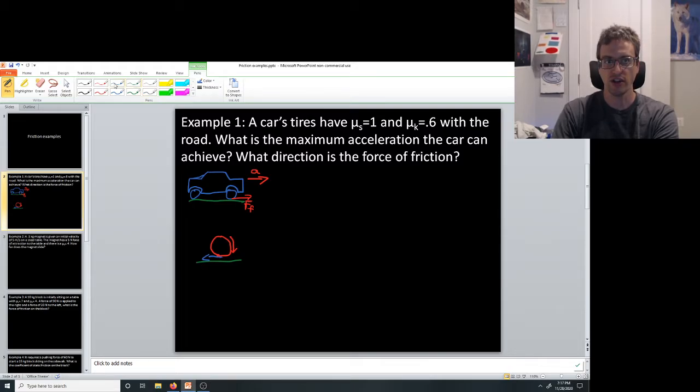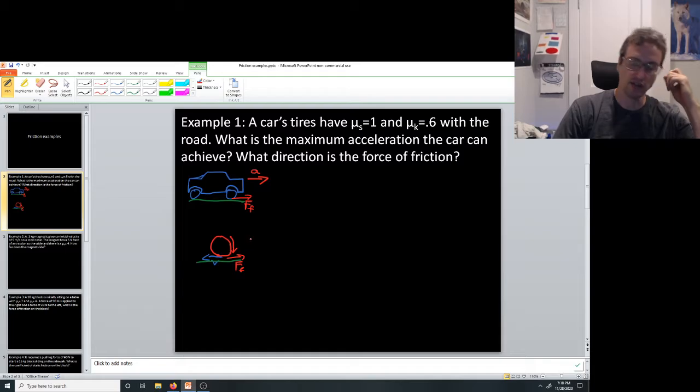So the force of friction is the opposite direction of that. And for static friction, the same thing happens. The bottom of the tire wants to slide that way, so the force of friction is the other way. Okay? So that's what's happening.